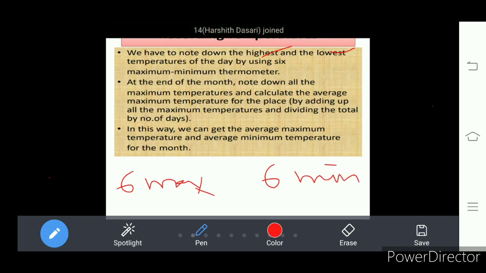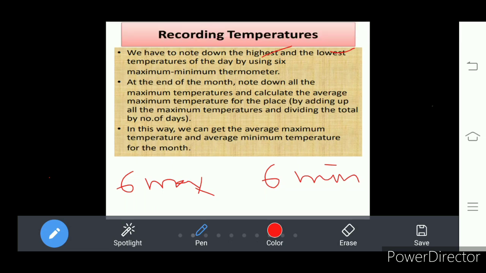In this way we have to record every day, and at the end of the month we have to note down all the maximum temperatures and calculate the average maximum temperature for that place by adding all the maximum temperatures and dividing by the total number of days. For example, you have taken the temperature for 15 days.